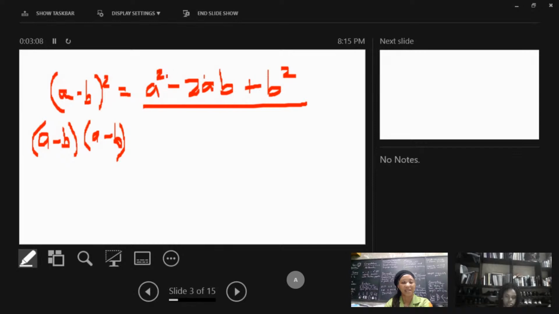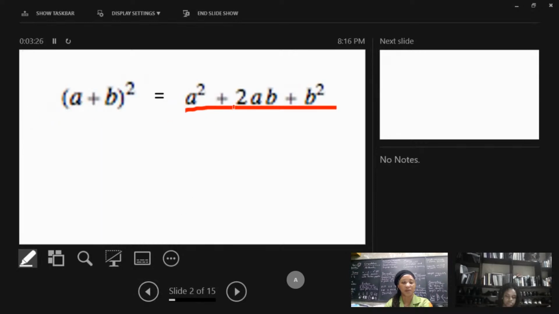So this has a minus sign here. When it's the square of the difference, there's a minus sign here. It's the same a squared, 2ab, plus b squared, but there's a minus sign here. And for the square of the sum, it's a plus sign. That's the only difference.